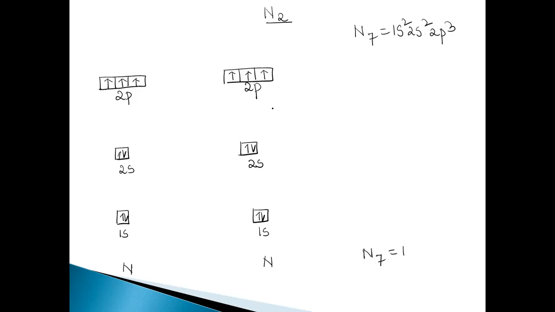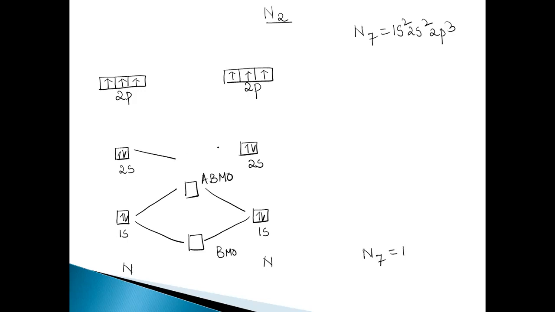Now, the linear combination of these 2 atomic orbitals results in the formation of what? One BMO and one ABMO. This is BMO and this is ABMO.